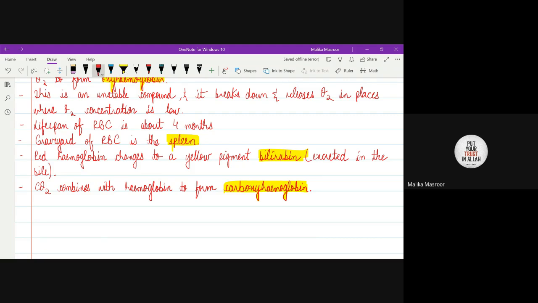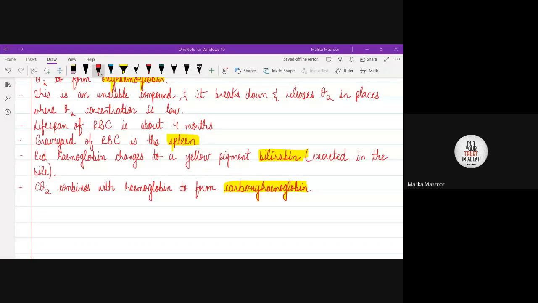And not all carbon dioxide can basically combine with hemoglobin, so most of it dissolves in the plasma and is transported out of the body. Only a very small percentage is transported combined with hemoglobin. Most of it is dissolved in plasma as well.